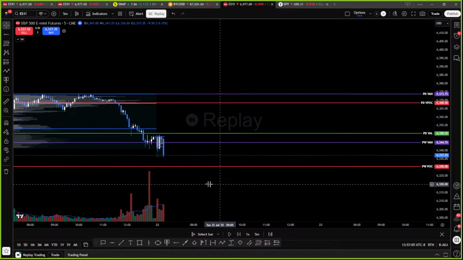Okay. Poor low. I want my stop a little bit higher than this candle, the wick. I'm risking quite a bit, but if they give us a retest, this should be nice.